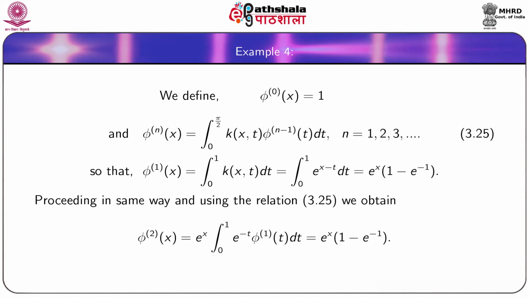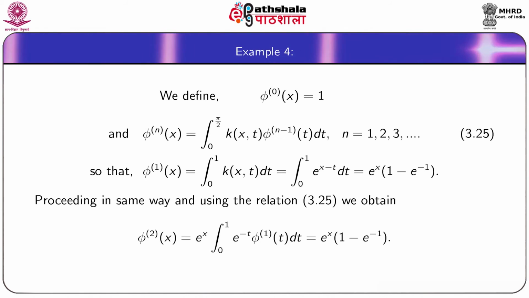1 K(x,t) dt. So that it becomes integral 0 to 1 e^(x−t) dt for K(x,t) equal to e^(x−t). After simplification, this gives the value e^x times (1 − e⁻¹).